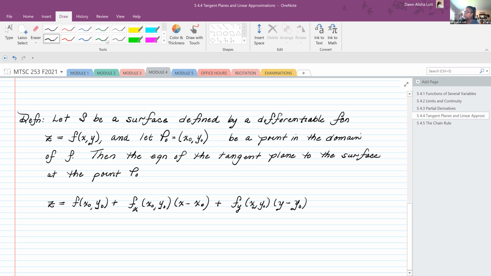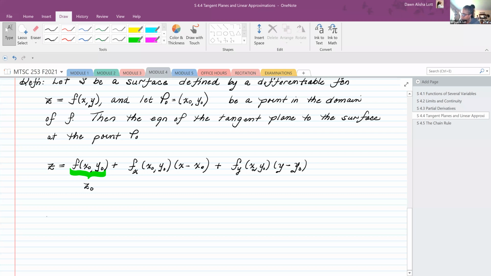And sometimes you will see this written with plain z naught. So sometimes you will see f sub x at x naught, y naught, this is how I learned it, times x minus x naught plus f sub y at x naught, y naught times y minus y naught minus z minus z naught is equal to 0.